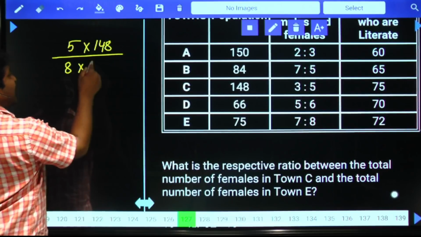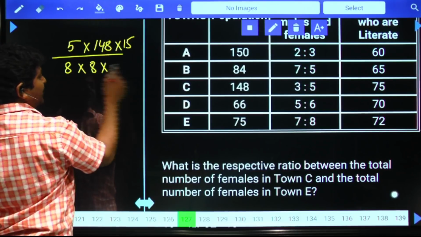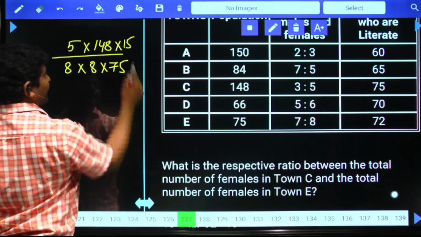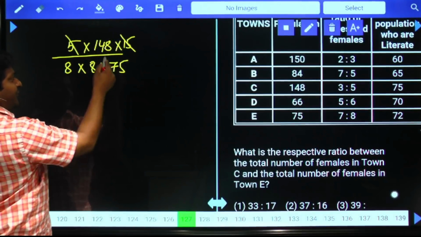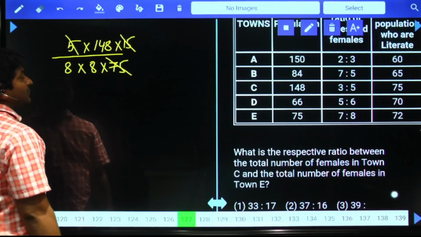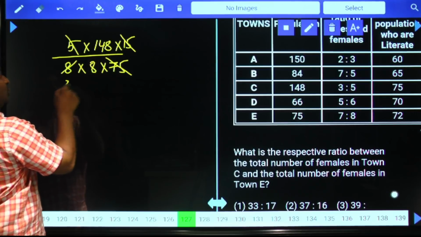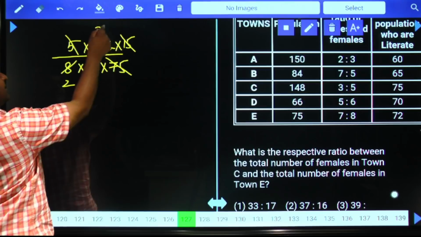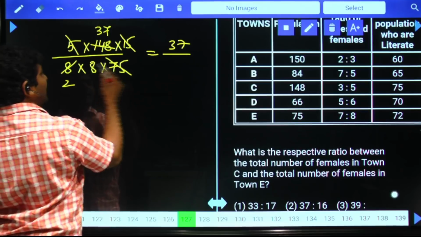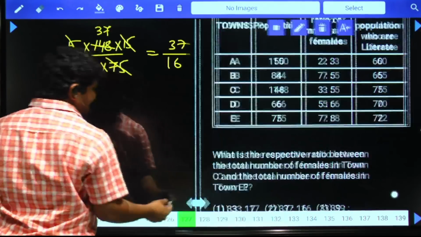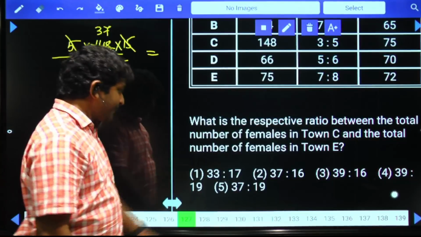So that is 8 parts out of 15. 15 comes to numerator into 75. Now here 5 into 15, 75 gets cancelled. 4 2 times here, 4 threes and then 7 times, that is equal to 37 divided by 8 into 2, 16. 37 by 16, second option answer.